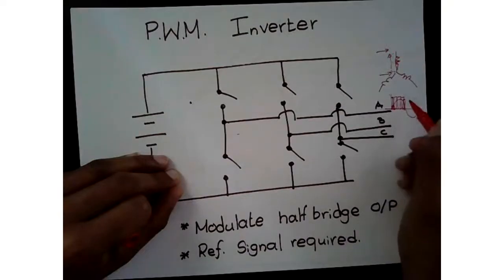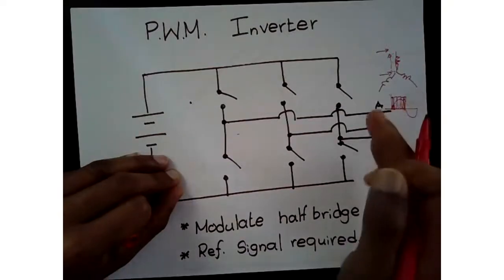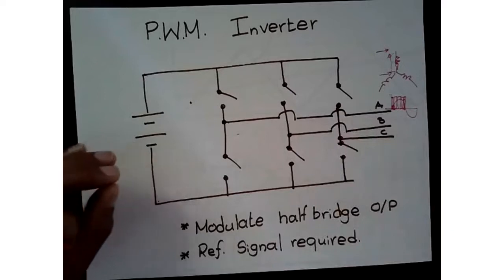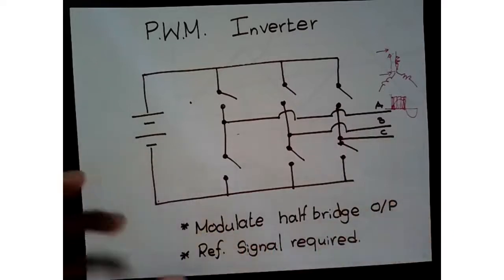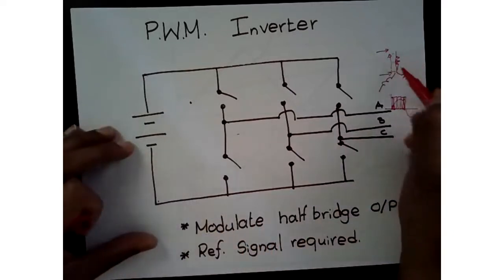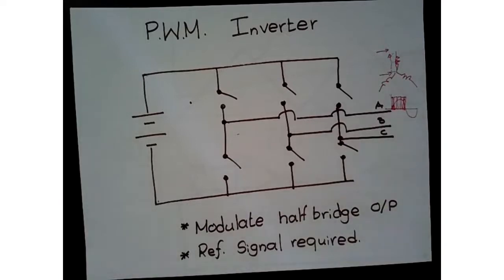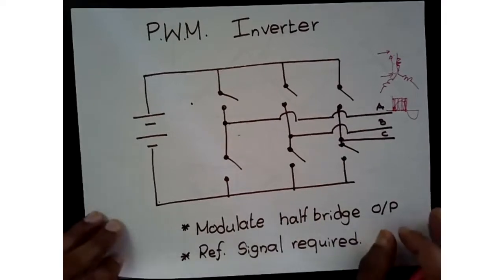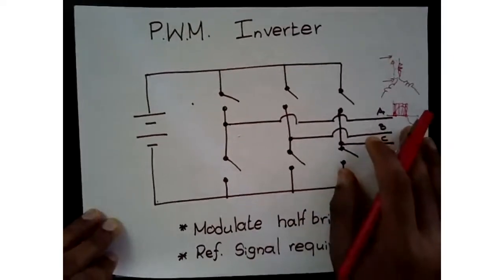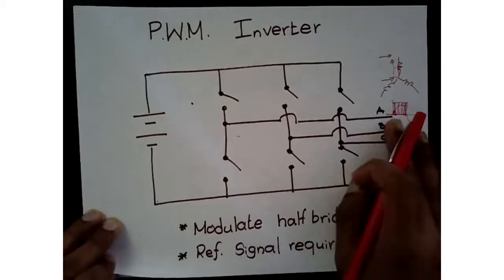Once it passes through the inductive elements in the machine, it will act like a filter and filter out the high frequency content, and in terms of current, it will look sinusoidal. I will have a short simulation showing the effect of that as well.